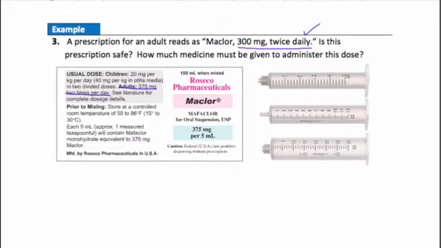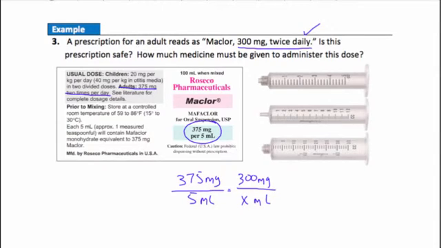So we look at our prescription label here, 375 milligrams per 5 milliliters. So that's a rate. That's 375 milligrams in every 5 milliliters of medicine. And we're trying to give 300 milligrams to our patient here. We want to know how many milliliters of medicine we need to give.